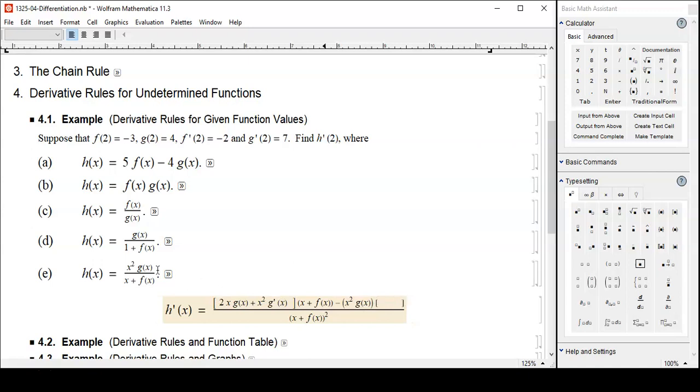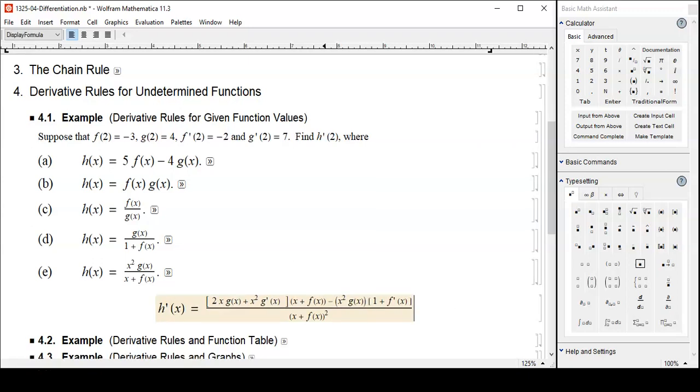How about this? The derivative of denominator. Oh, that's a bit easier. We don't have product. We just have addition. So 1 plus f prime of x. And you can plug in x equal to 2 and look up those values. Anyway, I'm going to stop here.